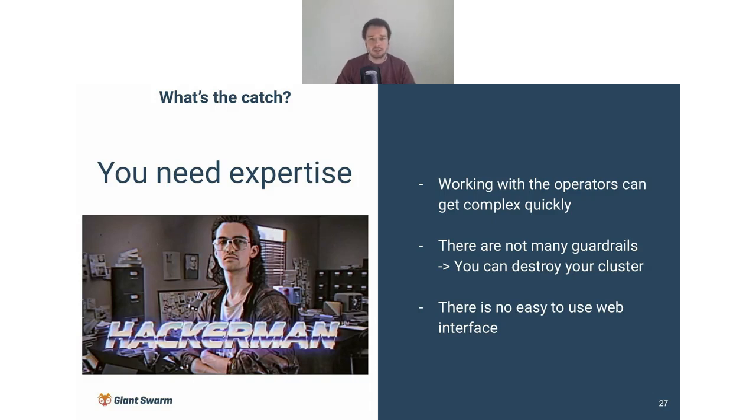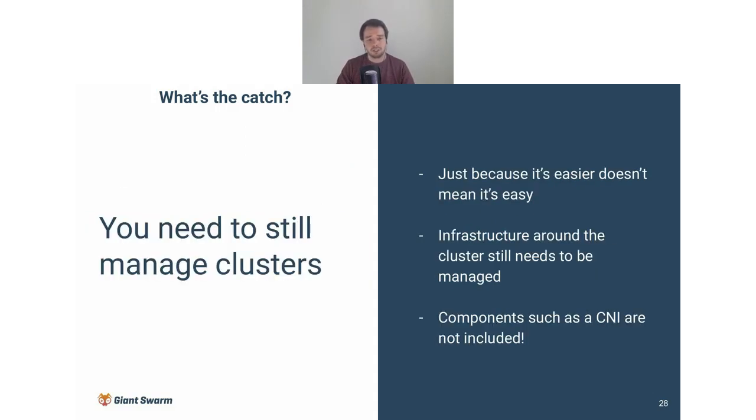So you can really still destroy your cluster a little bit. Additionally, you still need to manage some parts of your clusters. While the cluster is going to be set up and it's going to be a functional Kubernetes cluster, infrastructure outside of your Kubernetes cluster is not going to be handled there. So databases that are running outside of your Kubernetes cluster, you still need to manage those.